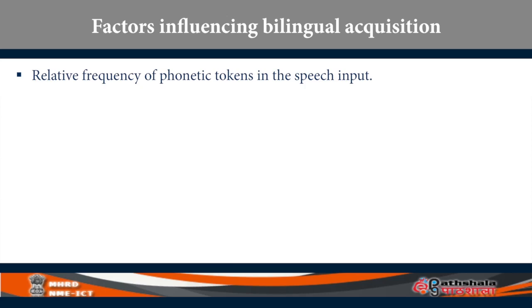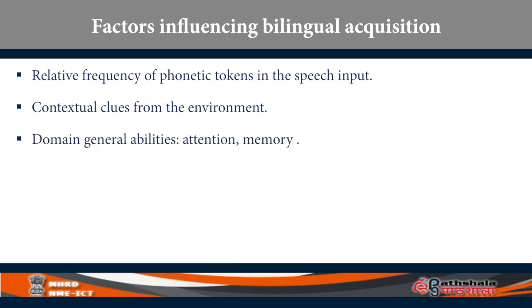In addition to frequency of occurrence of phonetic categories, certain contextual clues from the environment also influence language acquisition. Further, domain general abilities, that is general cognitive abilities like attention and memory, also influence language acquisition. And in addition to these factors, you also have opportunities for using the languages.